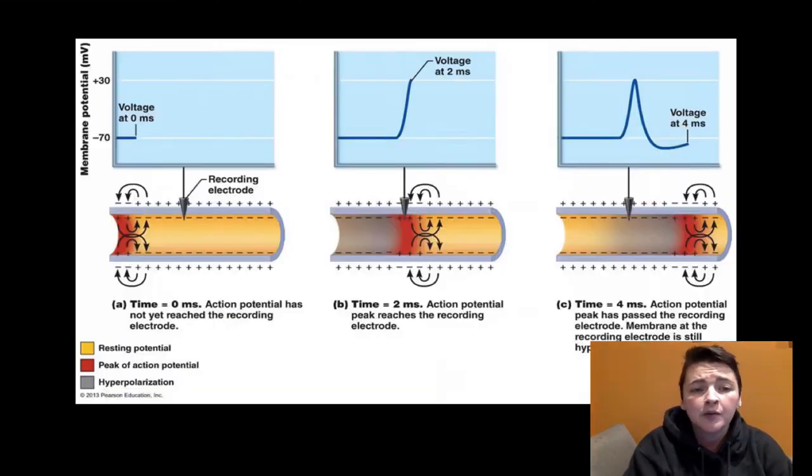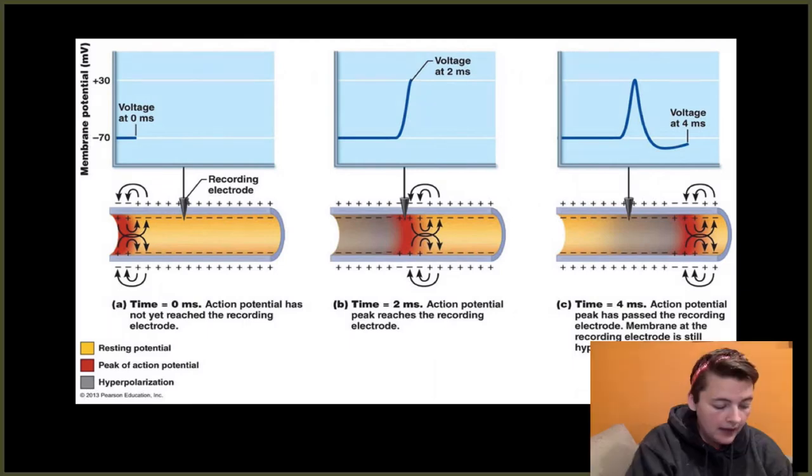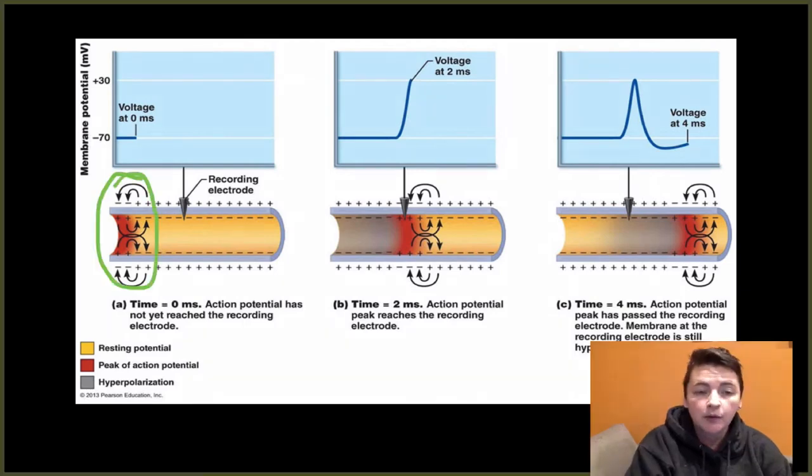If we take a look here, we're looking at it as more of a charge. Sodium is more positive than potassium. Potassium is more negative. We have our initial depolarization here. So our positives and our negatives switch.